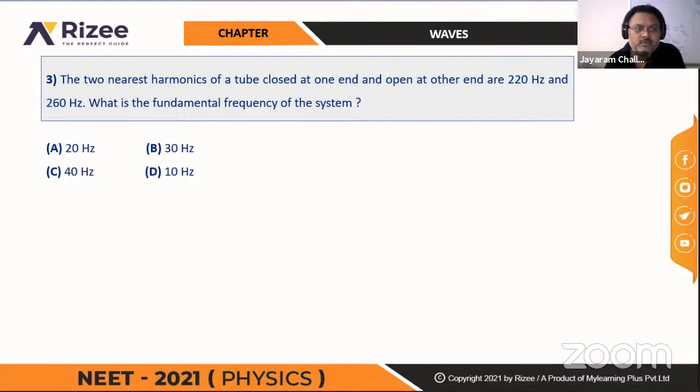The two nearest harmonics of a closed tube. A tube is one which is closed at one end and open at the other end, so it's a closed tube. The frequencies are 220 and 260. The difference between any two successive frequencies is called the fundamental frequency: Fn minus Fn minus 1 is equal to the fundamental frequency.